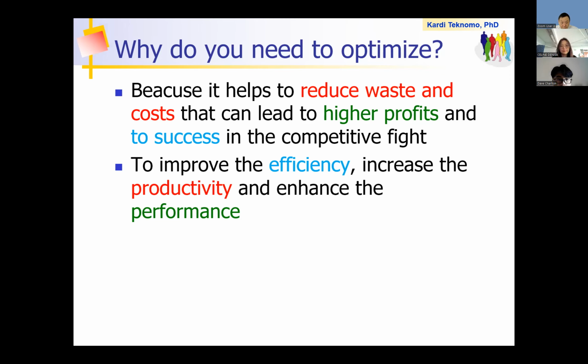Number two, you can improve the efficiency and also increase the productivity and the performance. That's why we optimize. So remember, optimization is the third level of science, right? You remember?